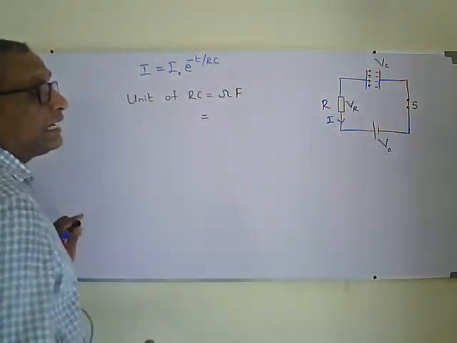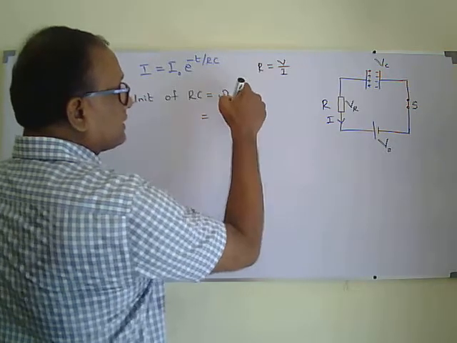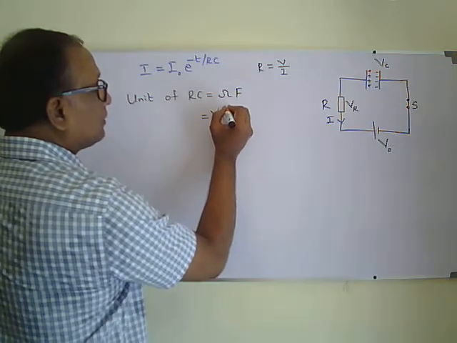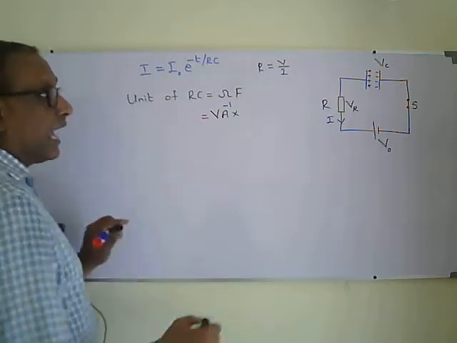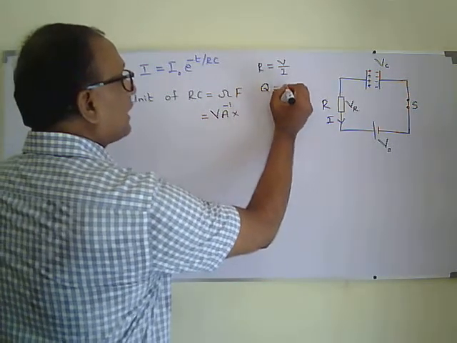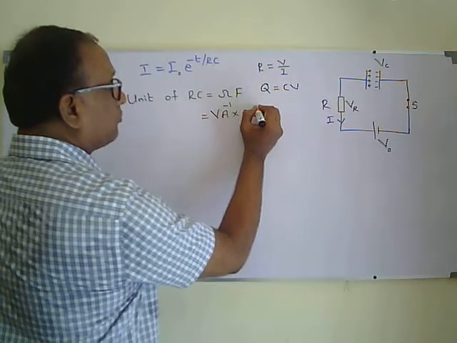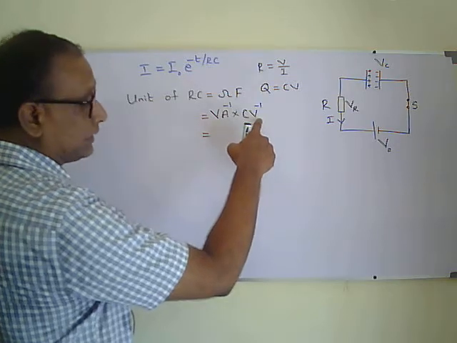So if I think about R equals V over I, I can say ohm is equal to volt per ampere. And this is the unit of capacitance, farad. According to Q equals CV, farad is equal to coulomb per volt. Now look here, volt per volt will get cancelled.